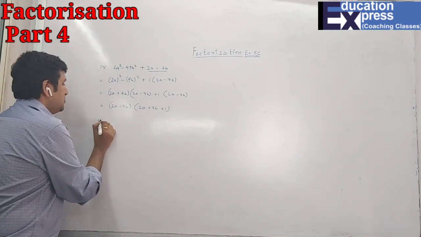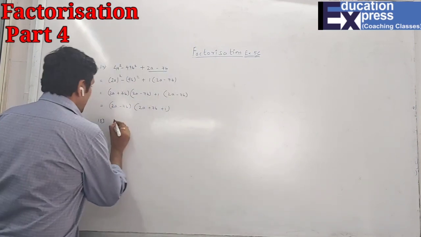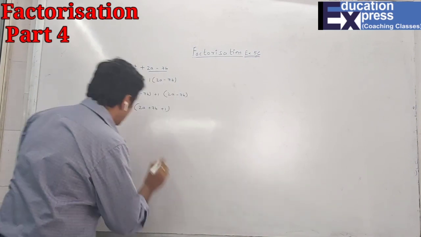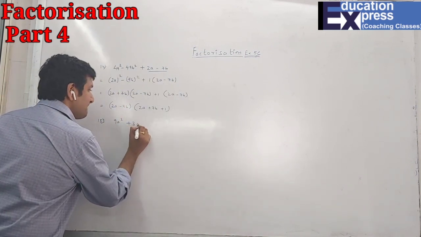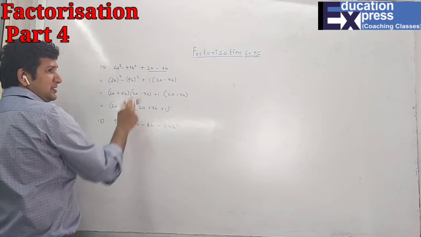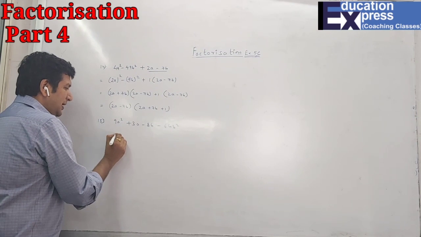And same to same is question number 15. 15th question is 9a square plus 3a minus 8b minus 64b square. Can you see it's exactly same? The only thing is here the squares are together, here they are not together. So we will get them together.